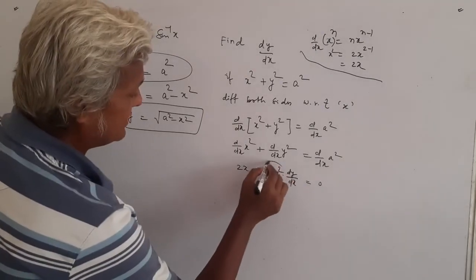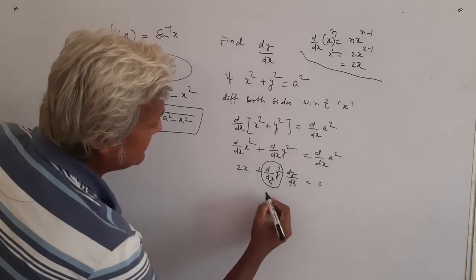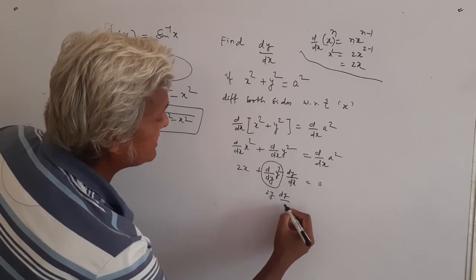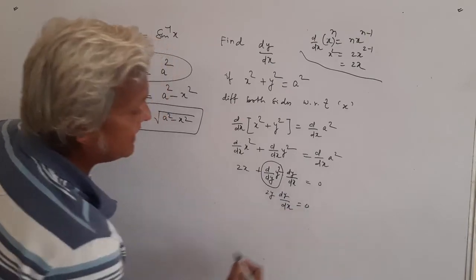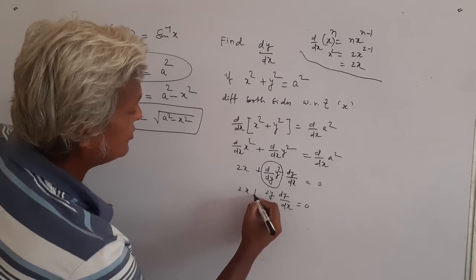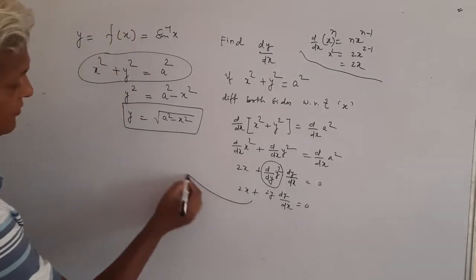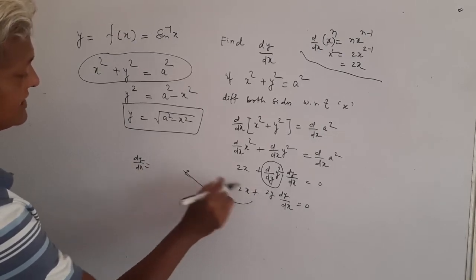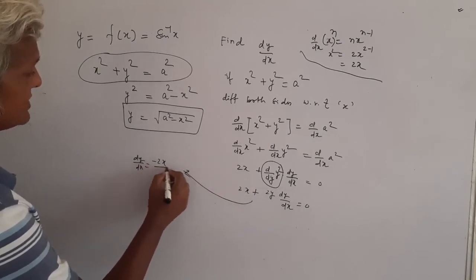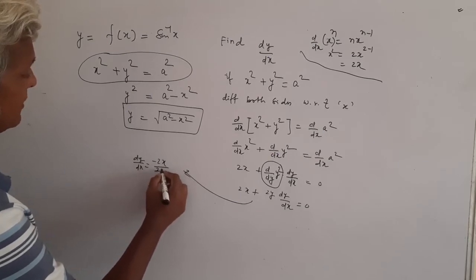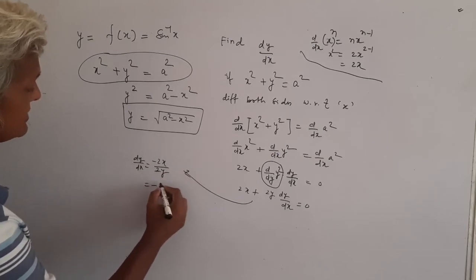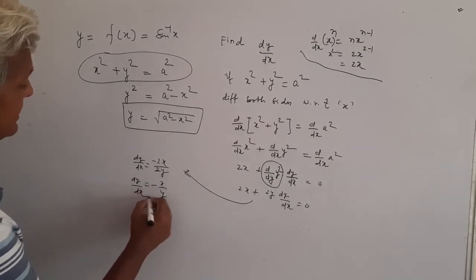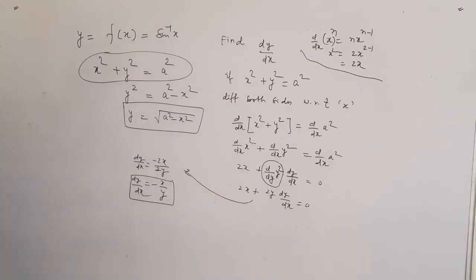So d by dy of y square becomes 2y, and this dy by dx will remain with it, and this is 0, so this is 2x plus 2y dy by dx equals 0. If I take this on the other side, dy by dx equals minus 2x upon 2y, so this is minus x upon y. So dy by dx is minus x upon y.